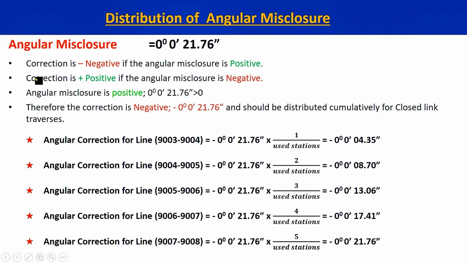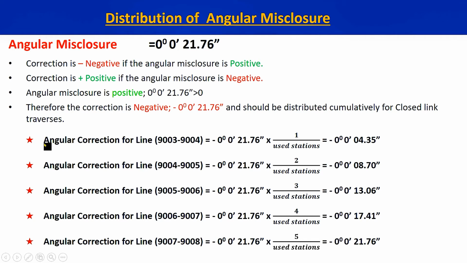So the correction is negative if the angular misclosure is positive. The correction is positive if the angular misclosure is negative. The angular misclosure is positive for this example, therefore the correction is negative. So we need to deduct 0 degrees, 0 minutes and 21.76 seconds, and it should be distributed cumulatively for a closed link traverse.